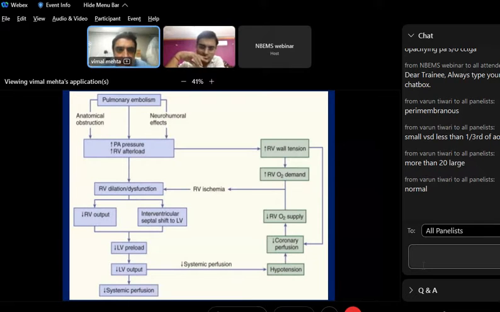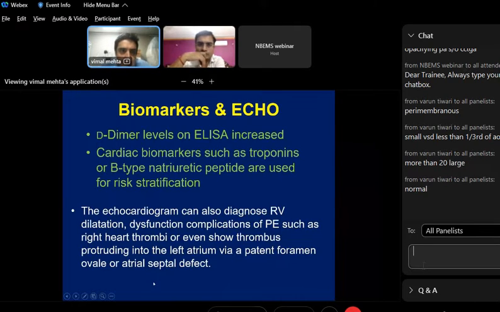So biomarkers are done not only to diagnose, as is the case with D-dimer, but also to risk stratify. Patients who have raised troponins as well as BNP levels are typically in bad shape and require more aggressive treatment. Now, various treatments are there: anticoagulation, thrombolytic therapy, and surgical embolectomy, etc.